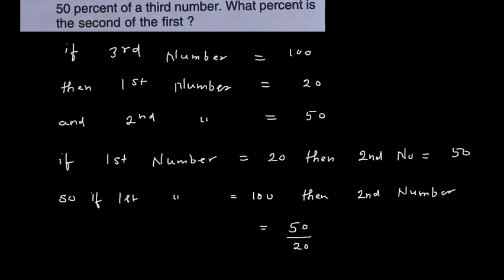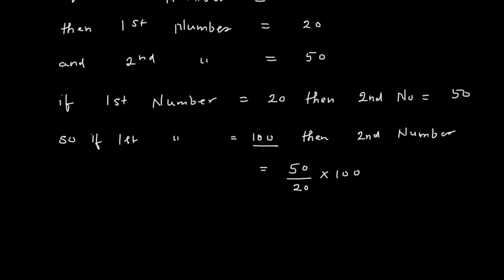For 1 it will be 50 upon 20, and now I have to find for 100, so it is into 100. So the zeros cancel, 2 fives are 10, and 50 into 5 is 250.